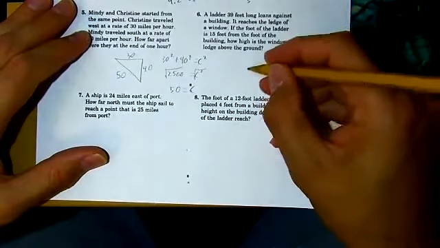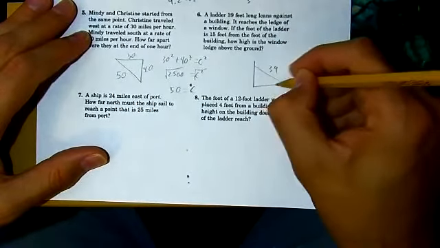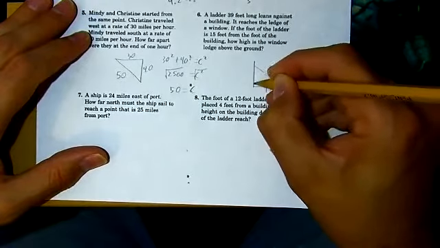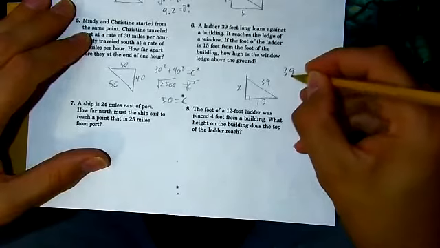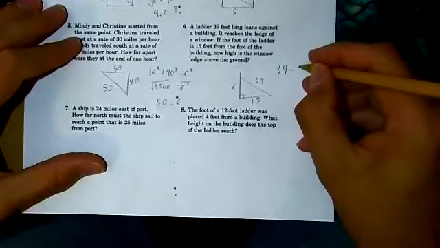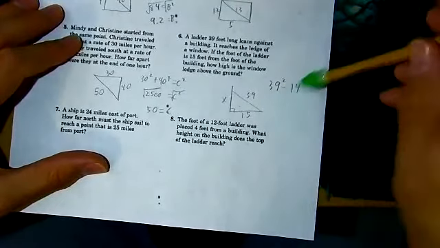So a ladder, again, we have a building, ladder 39, base 15. So we're looking for that. So we've got our hypotenuse, so we're going to be subtracting. Whoops, that's not 14.